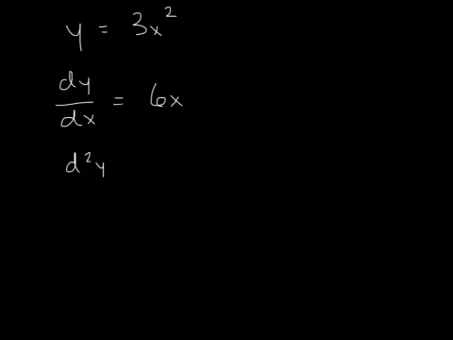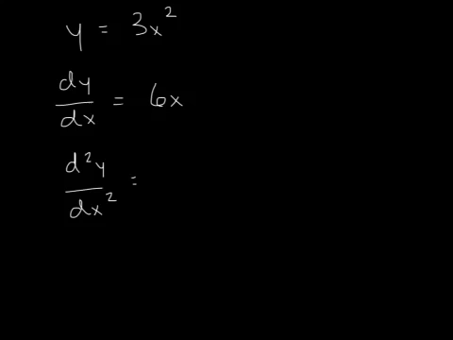Alright, we also spoke earlier about the second derivative. So if y equals 3x squared, then the derivative of y with respect to x ends up equaling 6x. Okay? So the second derivative of y is just going to be the derivative of dy over dx, and we write that d squared y over dx squared. So if we're taking the second derivative of y, what we're really doing is taking the derivative of the derivative.